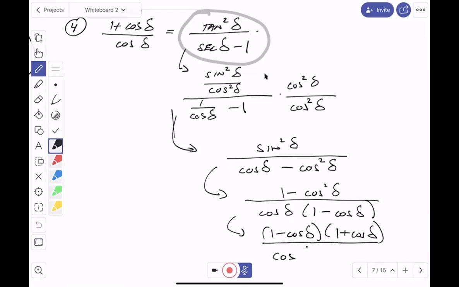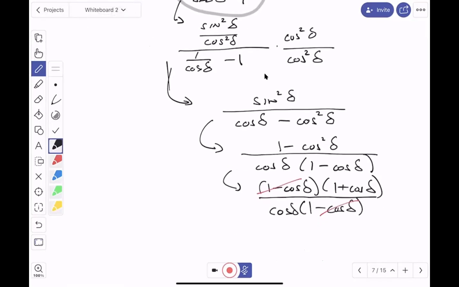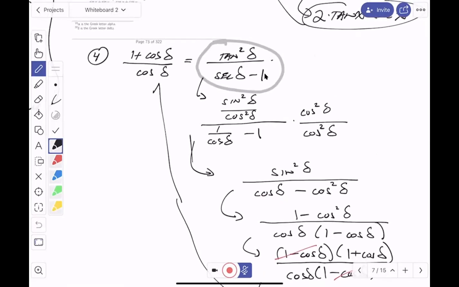Bottom is cosine delta times 1 minus cosine delta. Something cancels, and we're left with something pretty simple: 1 plus cosine delta over cosine delta. By the way, that's what we wanted to show. We got this right over here.